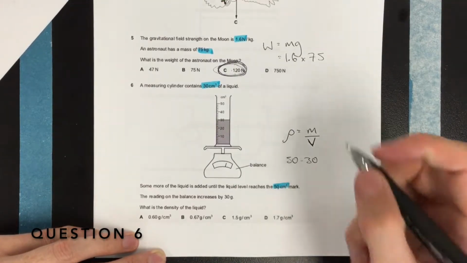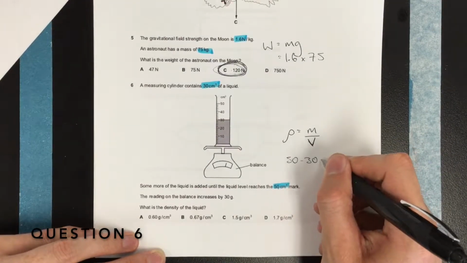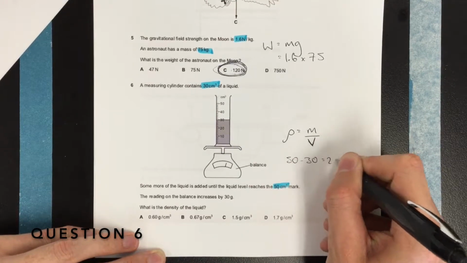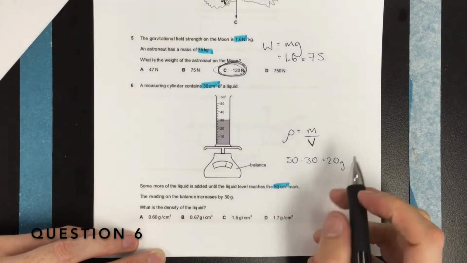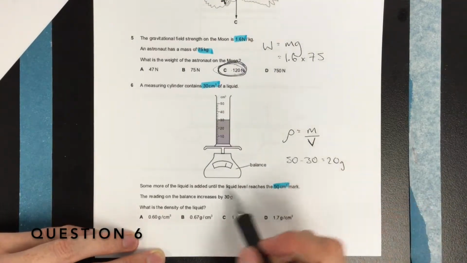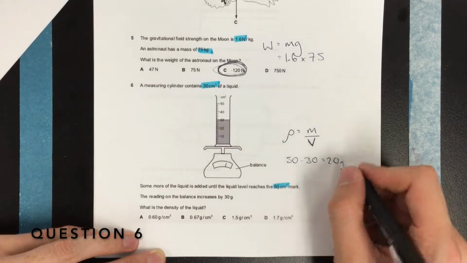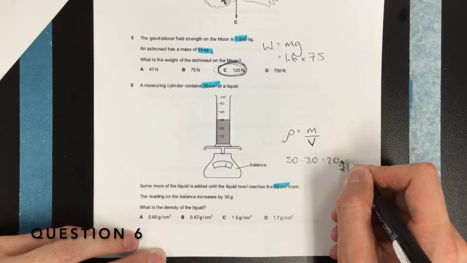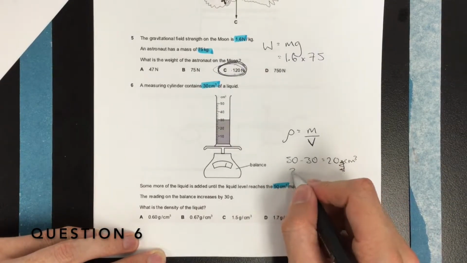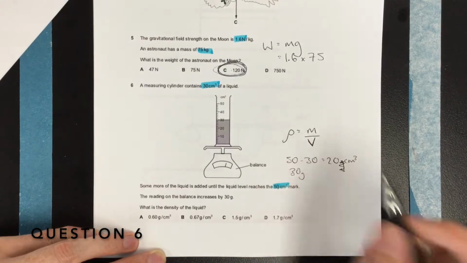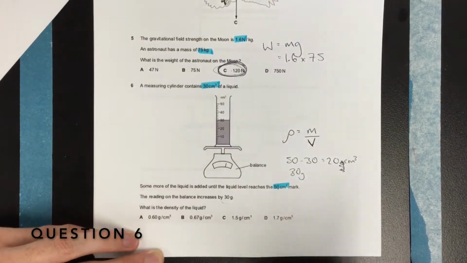It's the volume I've added, right? So 50 minus 30 is 20, and that's centimeters cubed. Then the mass is going to be 30 grams, which was here.